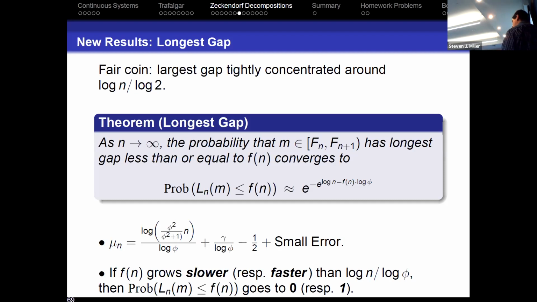This is a probability problem. It actually turns out to be related to, if I flip a fair coin, what is the distribution of the longest gap between tails or between heads? What if the coin is not fair? What's the distribution? And it turns out you have something that is incredibly strongly concentrated. You know, the probability that the longest gap is at most some function f of n, you've got an exponential of an exponential.